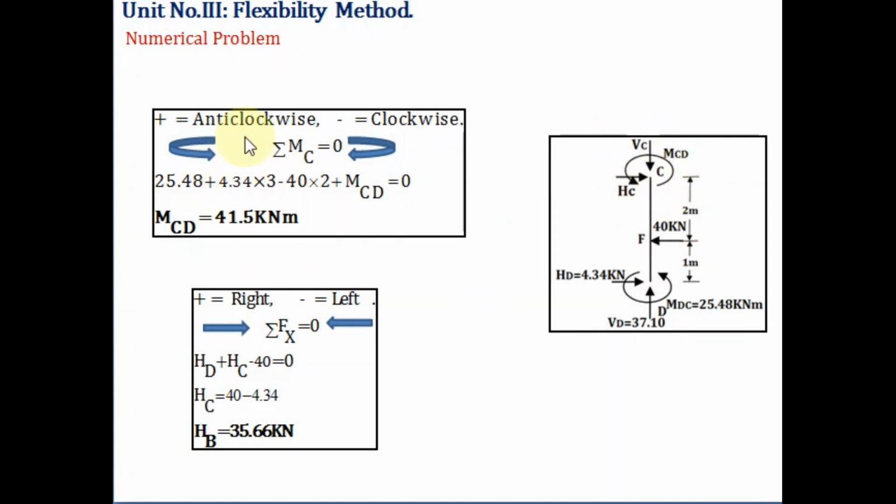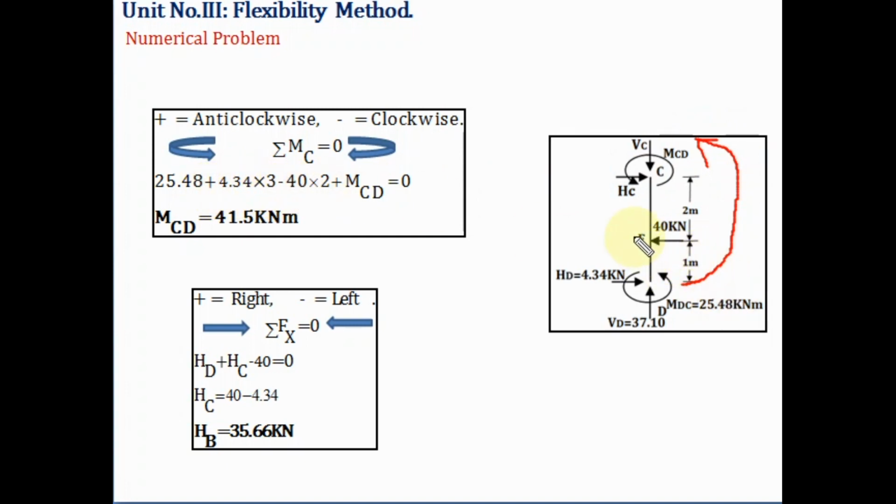To find these unknowns, we have to use the equilibrium conditions. We apply the first equilibrium condition, moment at C equal to 0. Consider anti-clockwise positive, clockwise negative. So MDC is acting in the anti-clockwise direction, so 25.48 plus, then 4.34, acting in the anti-clockwise direction again, so plus 4.34 into 3.